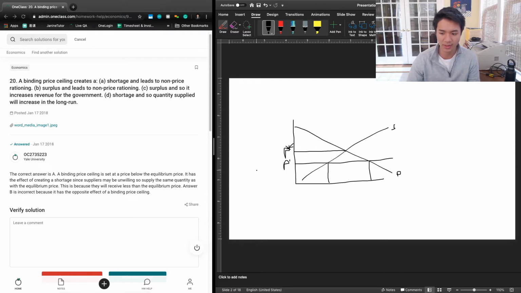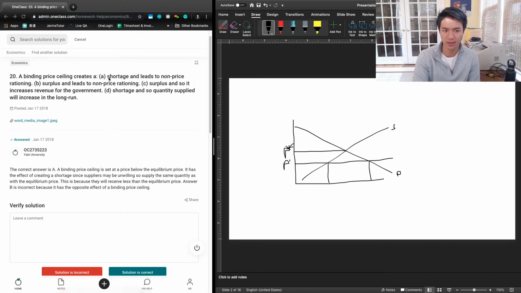And all these things are results of a shortage in the market we're talking about here, right? And so that's what we're dealing with on the price side. So that's going to give us the answer choice A. A binding price ceiling creates a shortage and leads to non-price rationing.